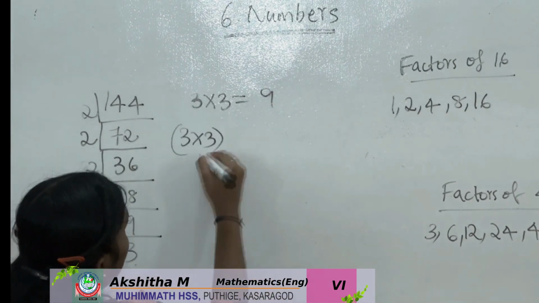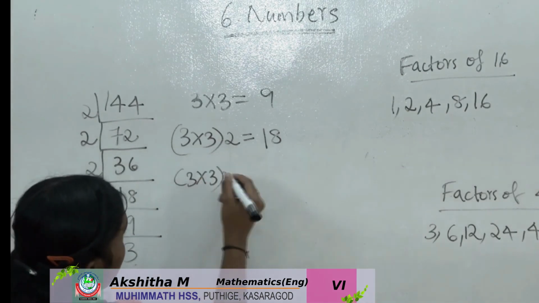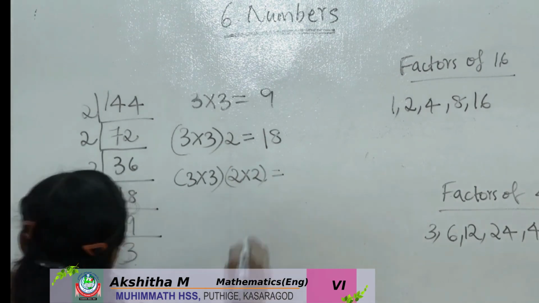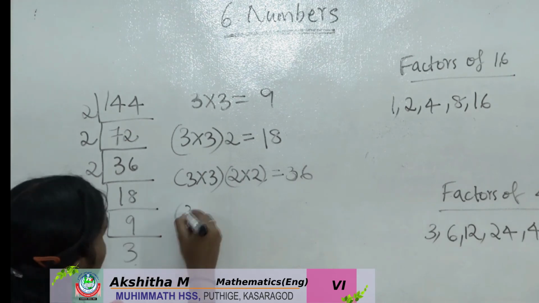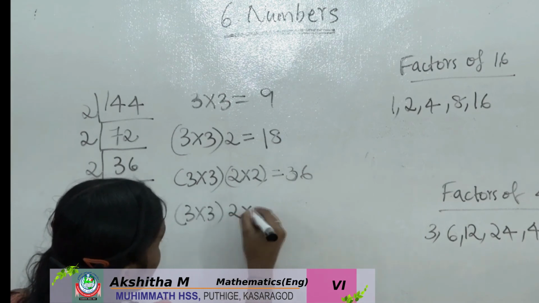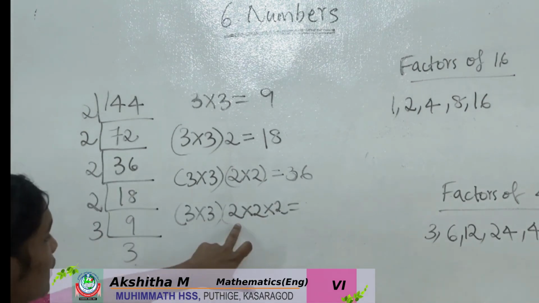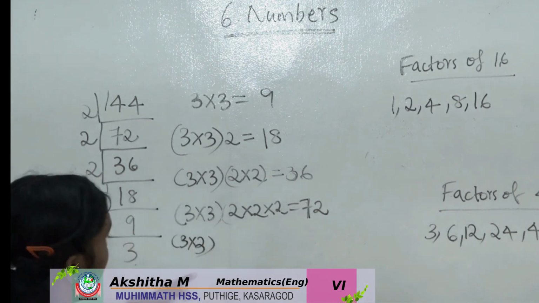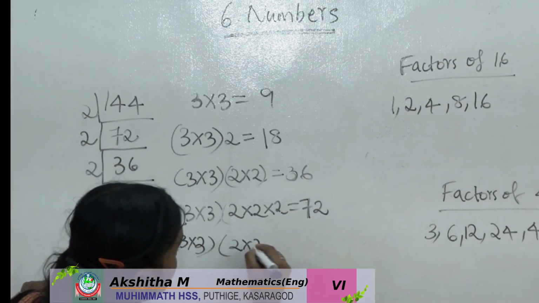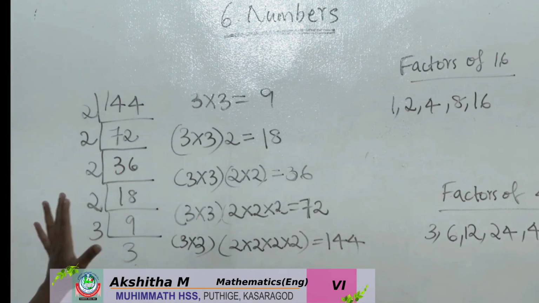Next 3 into 3 into 2 is 18, and the next one 3 into 3 into 2 into 2 is 36. 9 into 4 is 36, and the next one 3 into 3 into 2 into 2 into 2, 9 into 8 is 72, and the last one 4 times 2 is 144.